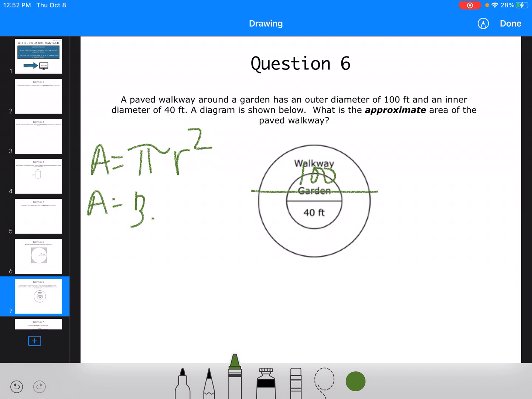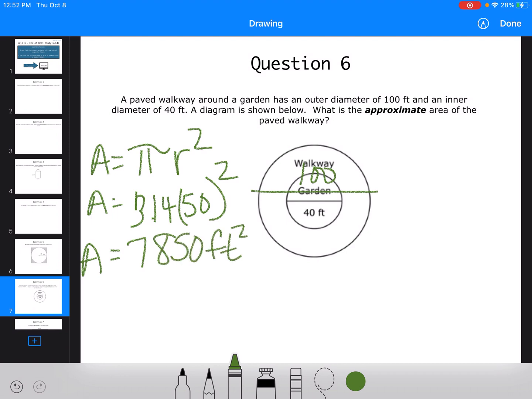So 3.14 times, and then my radius is going to be 50 squared because that's half of 100. So then in my calculator, I'm going to do 3.14 times 50 times 50, and I get an area of 7,850, and it'll be feet squared.